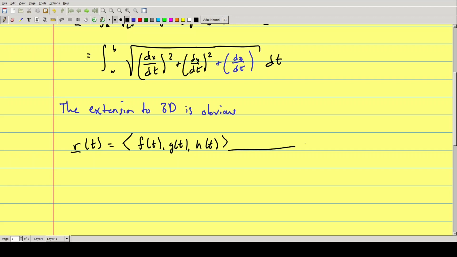Okay, there could be 2 of them, there could be 50 of them. All right, the idea behind what I'm about to write is the same. What we want to do is compute the magnitude of the derivative of this vector function. Okay?